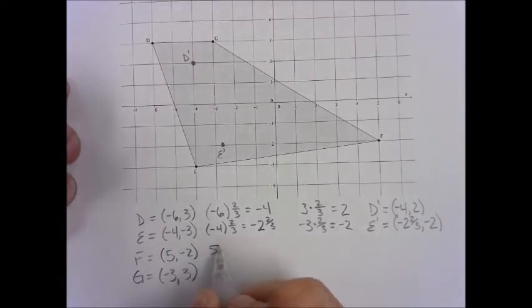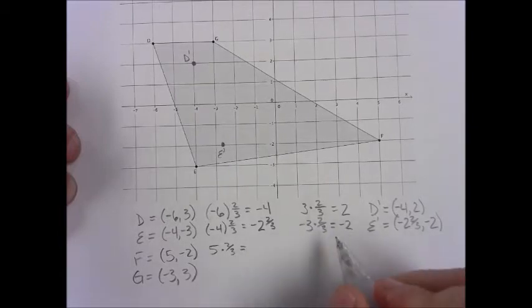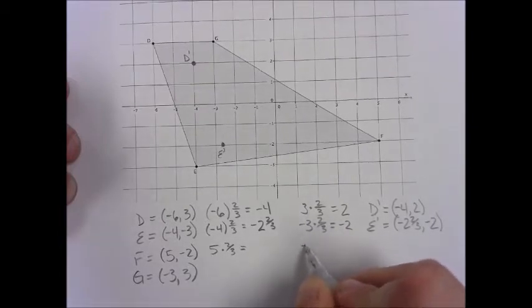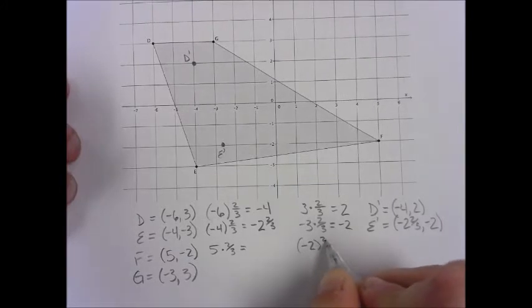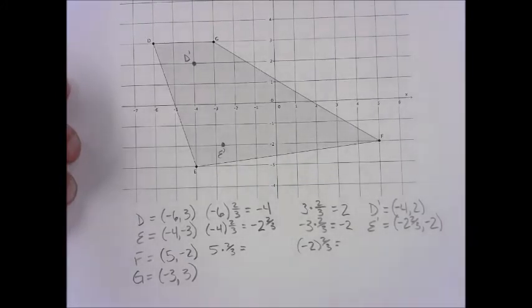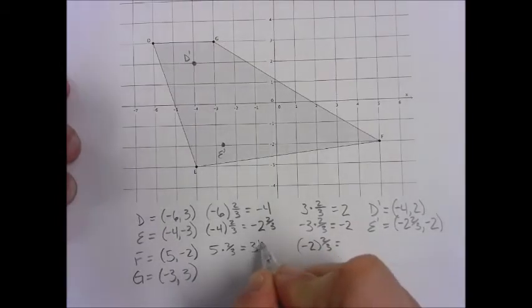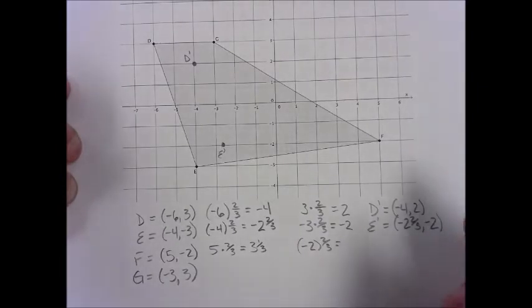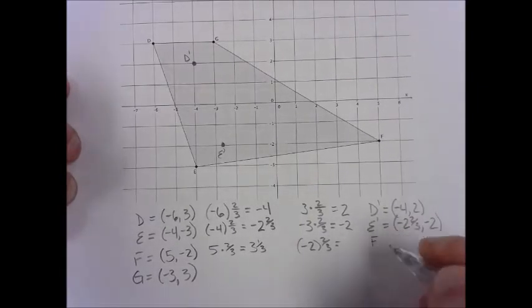Now let's take a look at F. I have 5 times 2/3, and for my y, I have -2 times 2/3. So let's take a look at what our x is. 5 times 2/3 is equal to 3 1/3. Now this might seem very meticulous, but it's the right way to do it.